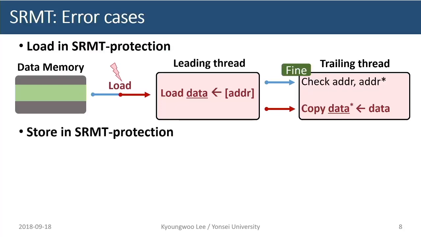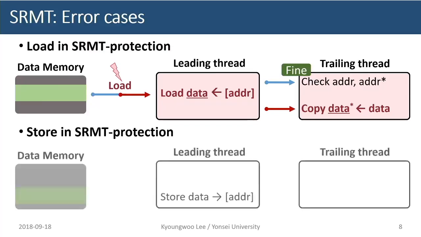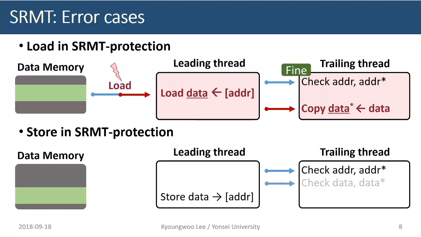In case of a store operation, the problem is that they compare the data and address before the store operation. So at the leading thread, before the store, they send address and data to the trailing thread, and this duplicate thread compares these address and data with their locally calculated ones.